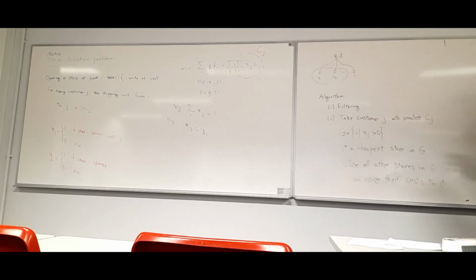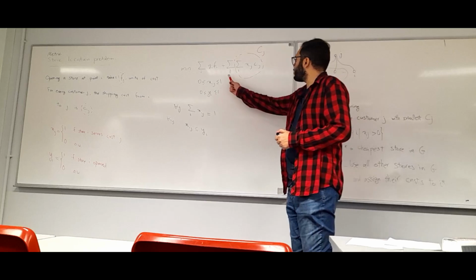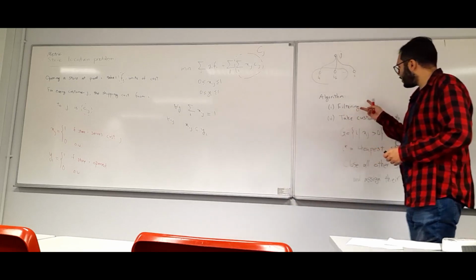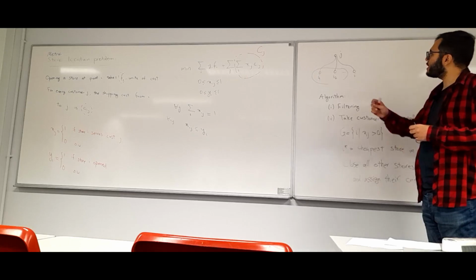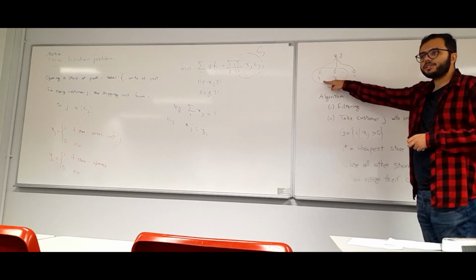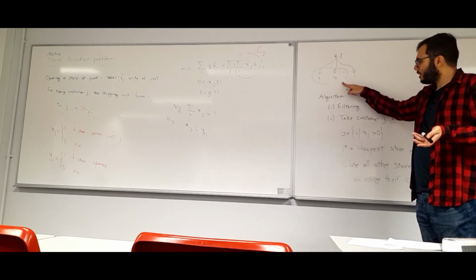Okay, so this definitely gives me the solution to my integer linear programming, but now I have to figure out how bad this solution is. Okay, so first of all, what happens to this part? So this was the shipping cost, right? So I did my filtering. So because I did my filtering, I know that the distance from any J to any one of its stores is going to be at most k times the average distance, right?